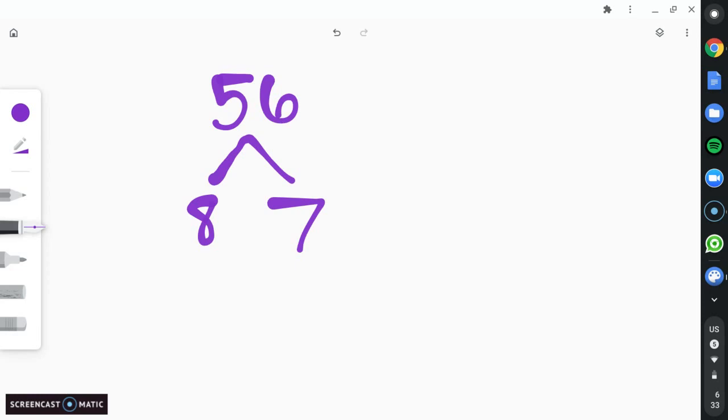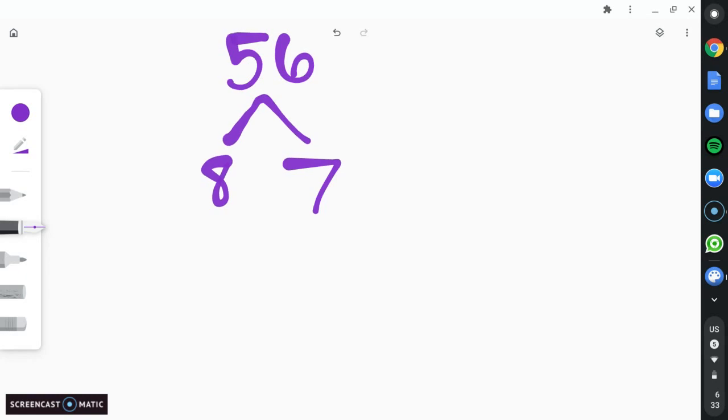Now, we're going to keep going. What two things can you multiply to get to 8? I bet you said 4 and 2. What two things can you multiply now to get to 7? You probably thought of 7 and 1.